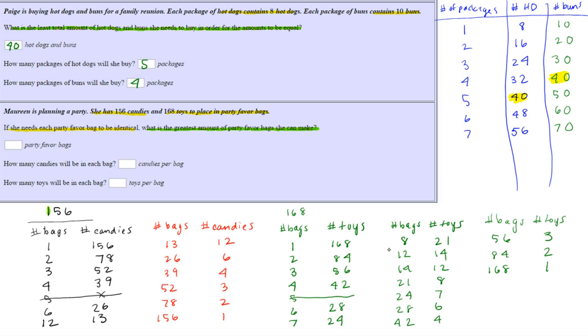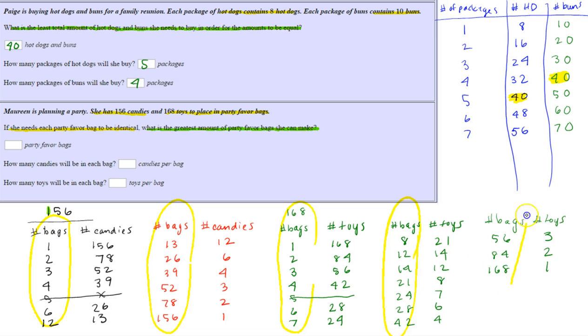So now we want to find the largest number of bags that both the toys and the candies can be broken into. So I'm going to get a highlighter ready. Okay, so here are the number of bags for the candies that are possible. And here are the number of bags for the toys that are possible.